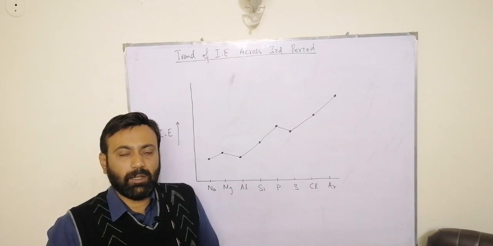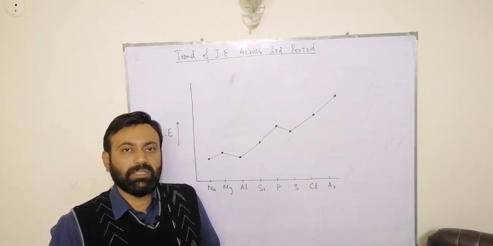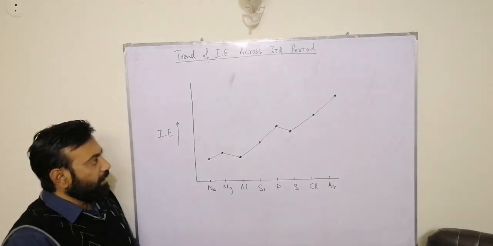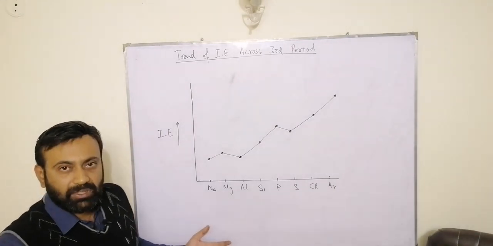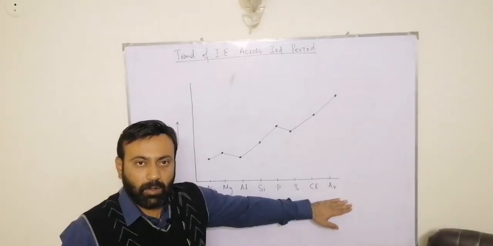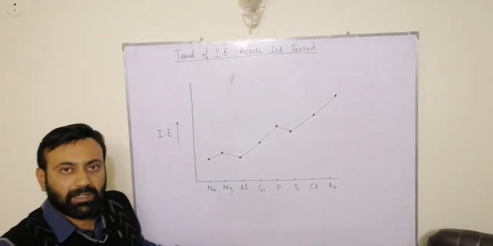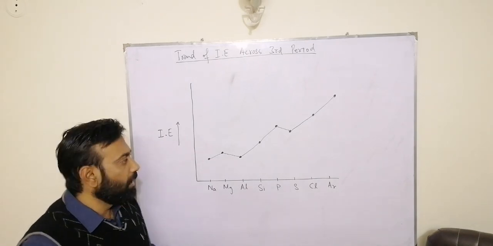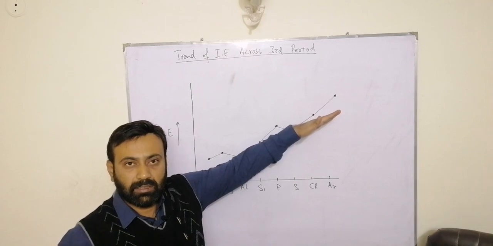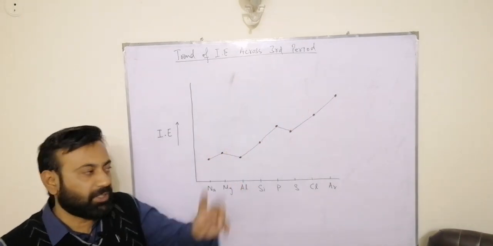So now let us take a look at the trend of ionization energies across the third period. As you can see, I have drawn a graphical representation of that trend, starting from sodium ending with argon. These are all the elements in the third period of the periodic table, and generally there is an increase in ionization energies with two exceptions.